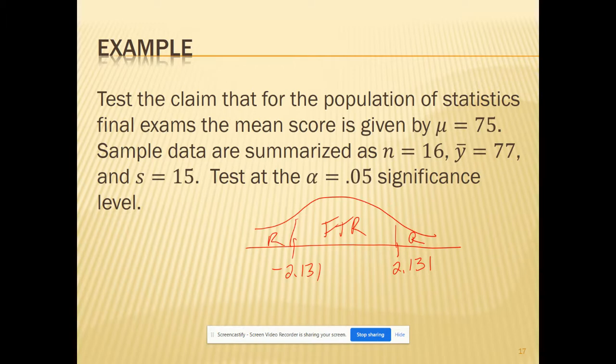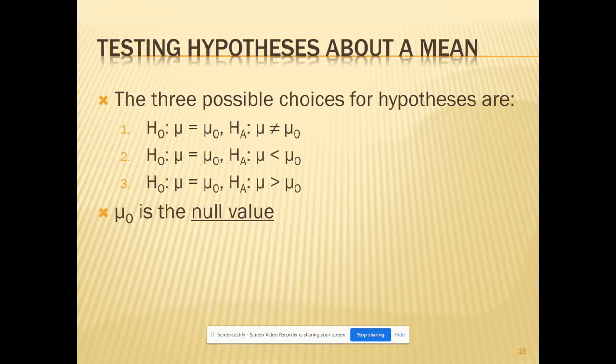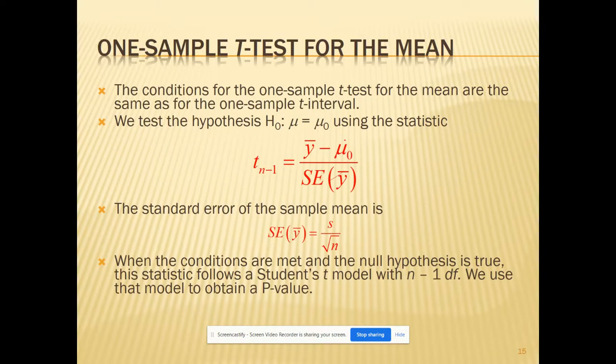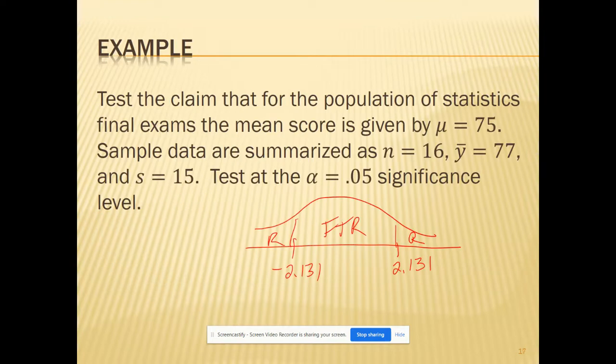Now we're going to need to get the test statistic to compare to that critical T. We can either use the formula that we have right here and calculate it by hand like we did in the previous example, or on your calculator, you're going to hit the stat key, go to tests, and go to T test, and plug in these summary statistics.